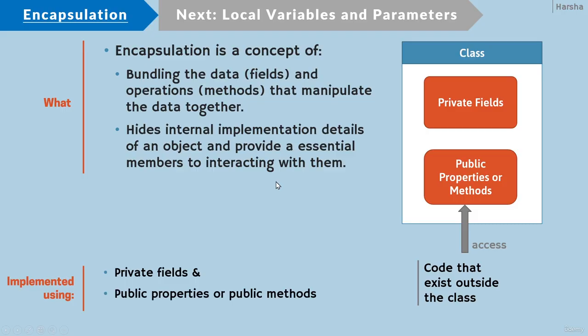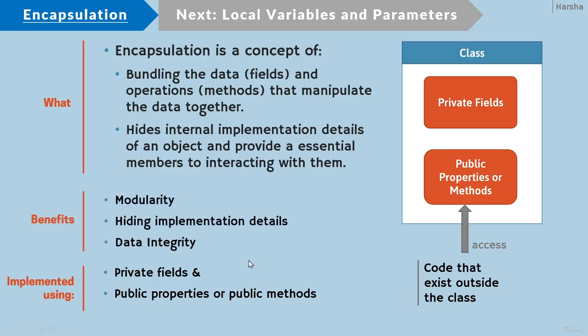That is data modularity. That means encapsulation encourages the developers to write a class that contains two types of members, mainly fields and methods. Fields are the data. For example, we have collected the details of a person, like person name, email, phone number, etc. And also, there can be some manipulations that are required on this particular data.